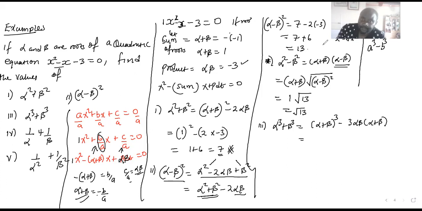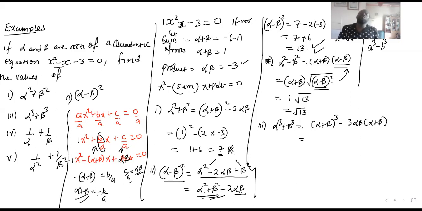Okay? I think you can clearly see that this one can go back here. Why I introduced the square root is because I had already found alpha minus beta squared. It was here. It was 13. I already knew it.